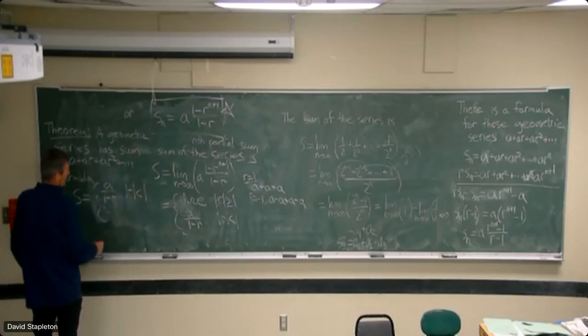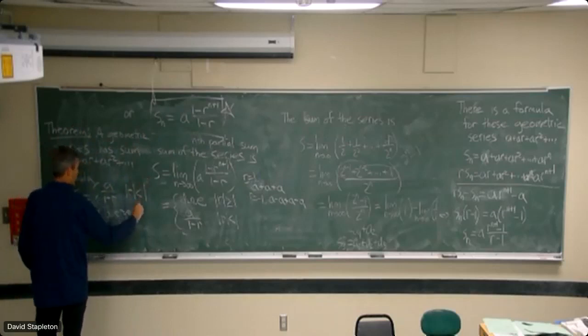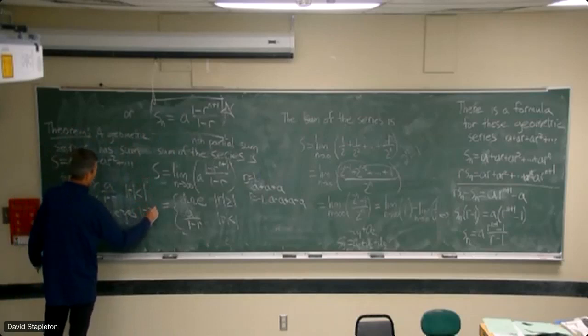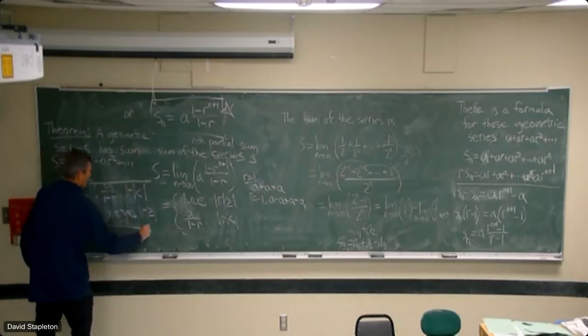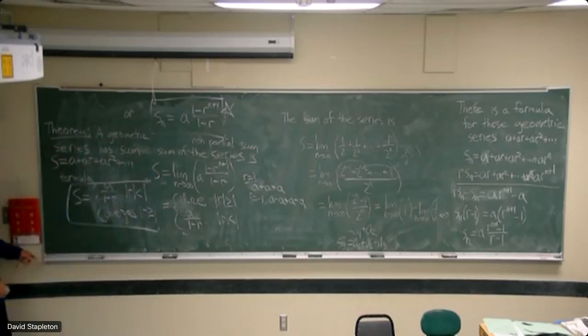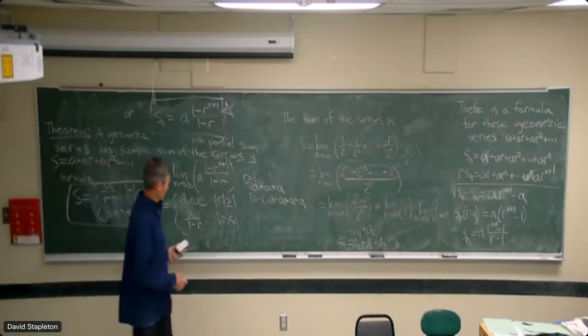When the limit does not exist, we say the series diverges, if the absolute value of R is bigger than or equal to one. So that's the big result. You can sum any geometric series very easily by just doing this. You don't have to do what we did in that first example.